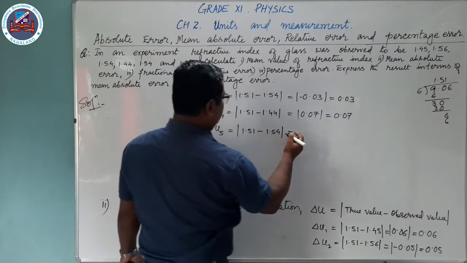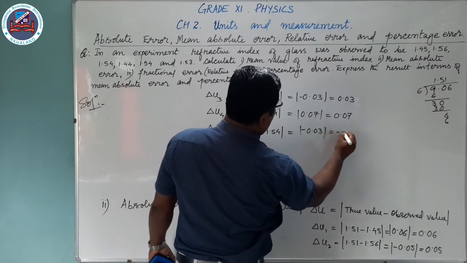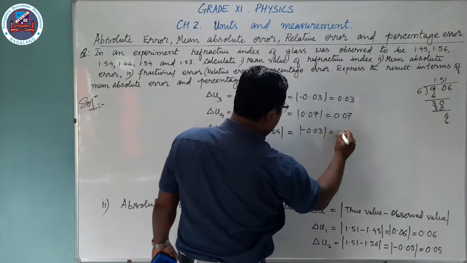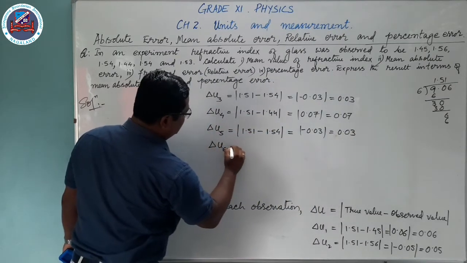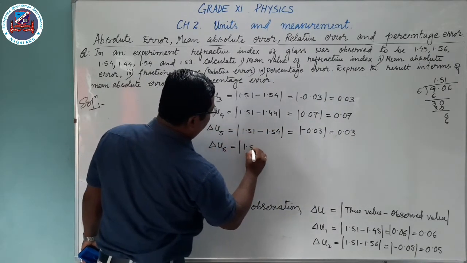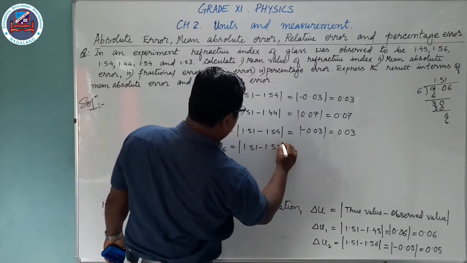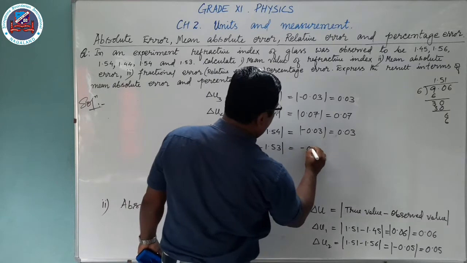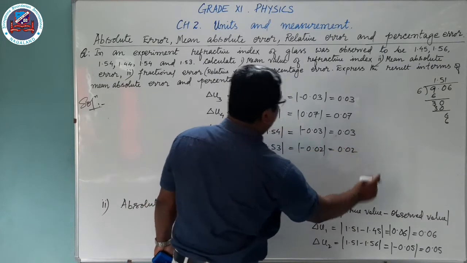So here also you will get a negative value, minus 0.03. Change it to plus 0.03. Delta U6: 1.51 minus 1.5 is minus 0.02. Then you will get 0.02.